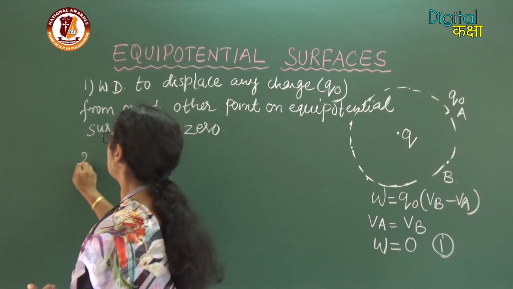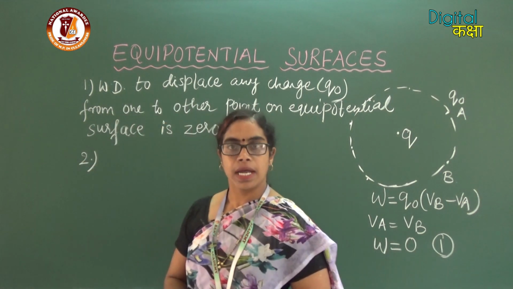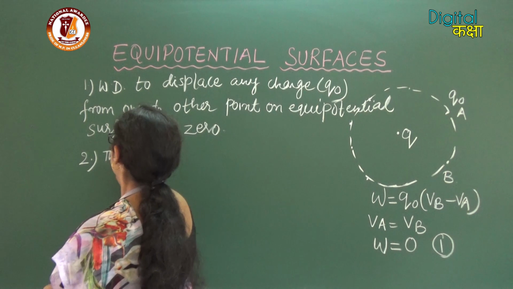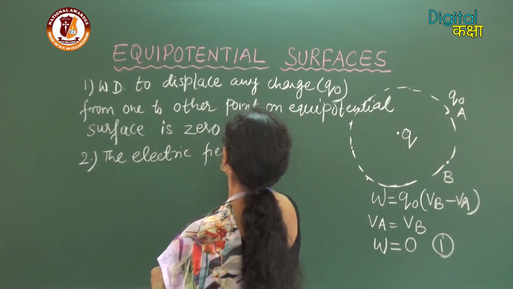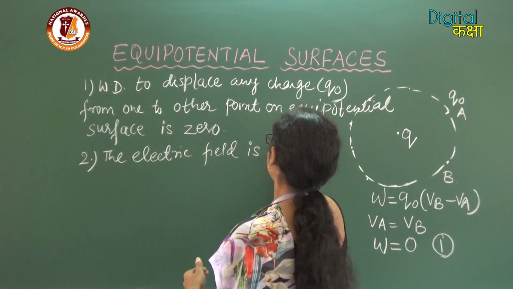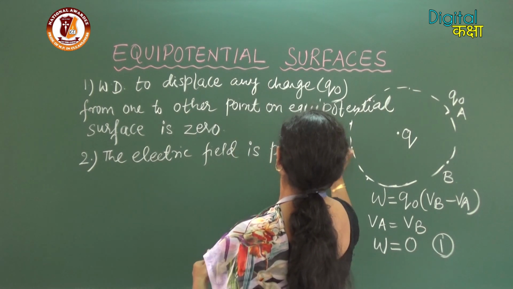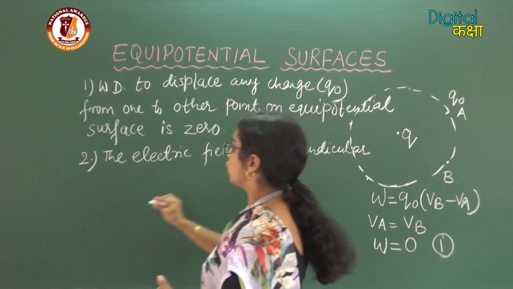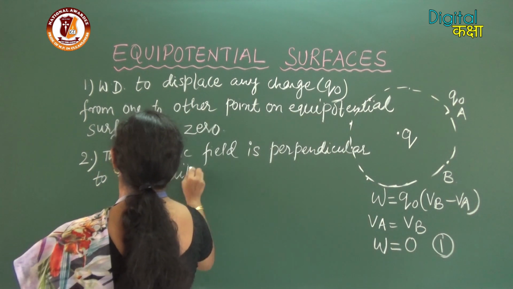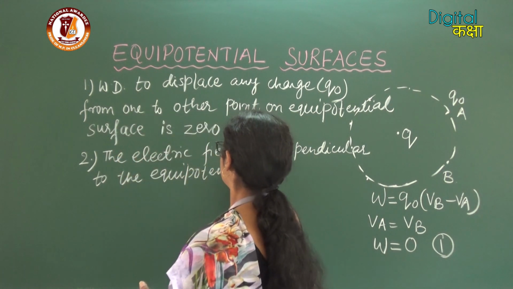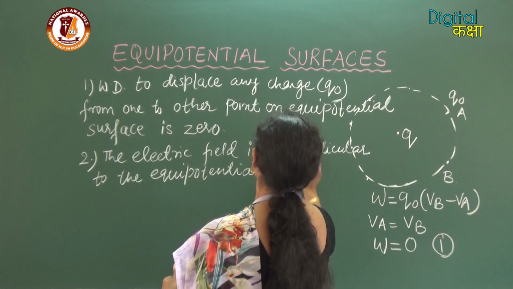The second property of equipotential surface is that the electric field is perpendicular to the equipotential surface.